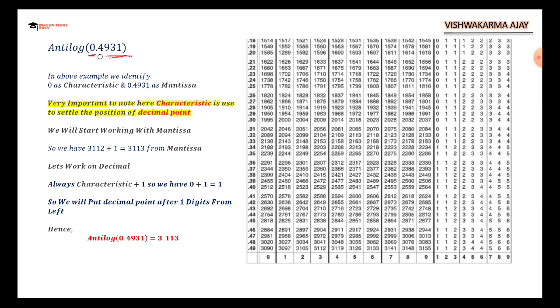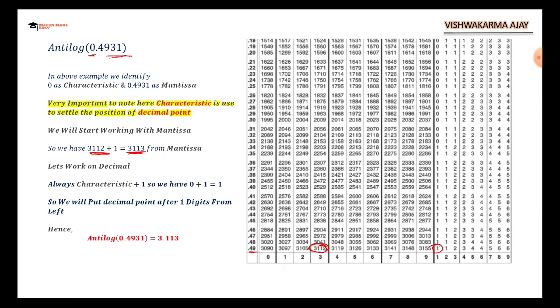So for 0.4931, I will be looking for 0.49, column number 3, and then mean difference 1. 0.49, 1 2 3, 3112, and mean difference 1. This is mean difference 1, that is also 1. So I'm going to add 1 to this one, 3113.